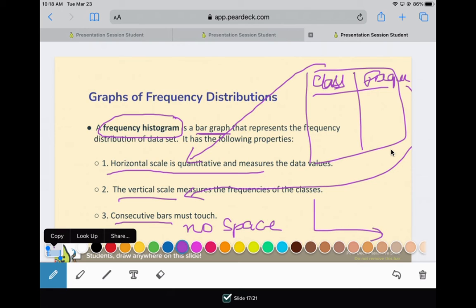Horizontal is the one going across. Vertical is the one that goes up and down. Okay, and then we're going to construct something like this, like a bar graph, but no space in between. So that's the example of a frequency histogram. It makes more sense when we do practice, and then you can go back and ask me questions. All right, so let's look at the table.